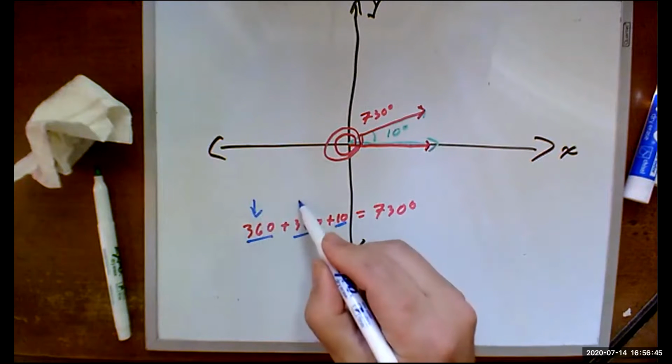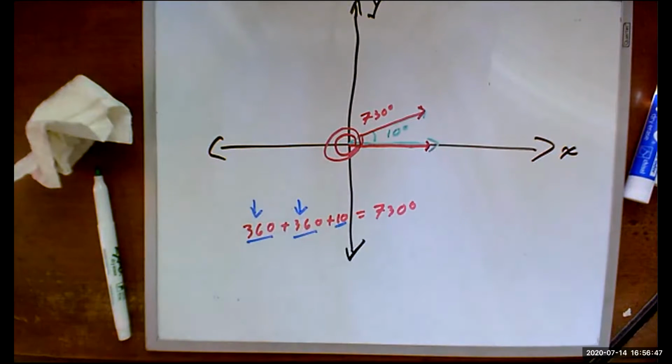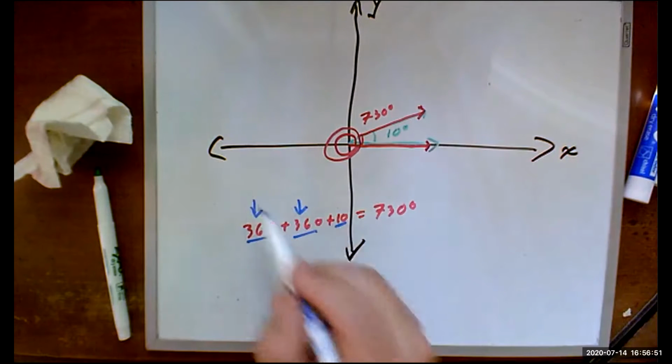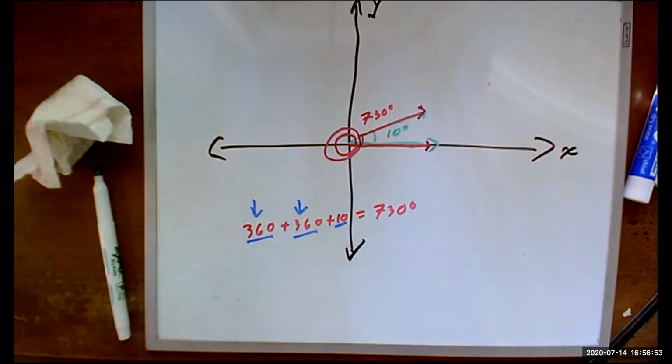And every time you go around a circle, you get right back to 0 again. It's sort of like counting around on a clock. So if we see something that looks like 730 degrees, and we want to know what it is coterminal to that is less than 360 degrees, we simply keep subtracting those 360 degree numbers until we get something small enough.